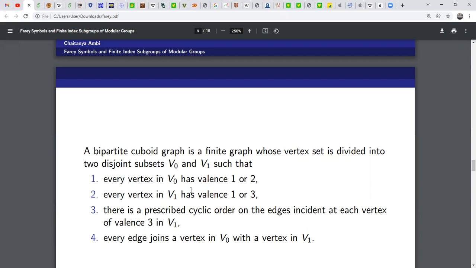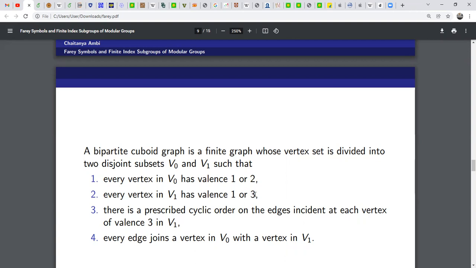What is the relevance? Why are these bipartite cuboid graphs important? Because of valence 1 or 2, the fundamental domain for the action of phi will involve Z mod 2. The phi is a free product of certain copies of integers, certain copies of Z mod 2, whence this number 2 appears, and certain copies of Z mod 3.